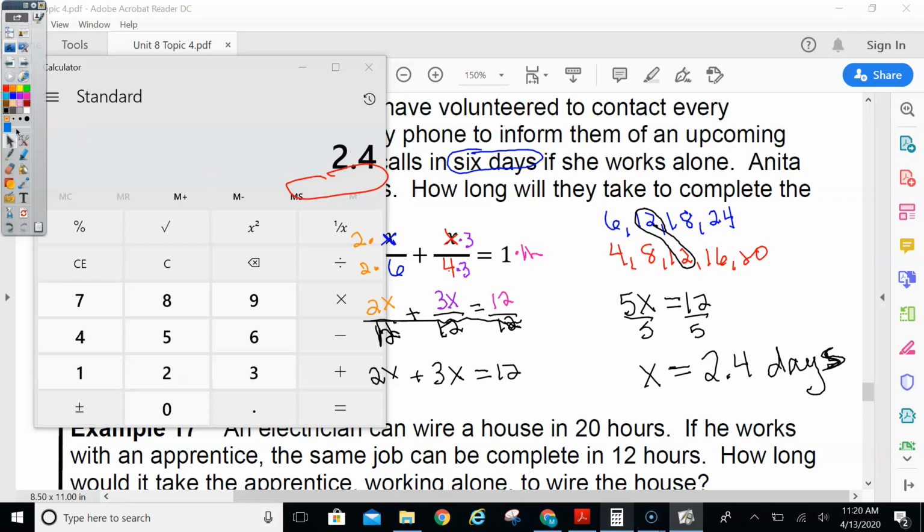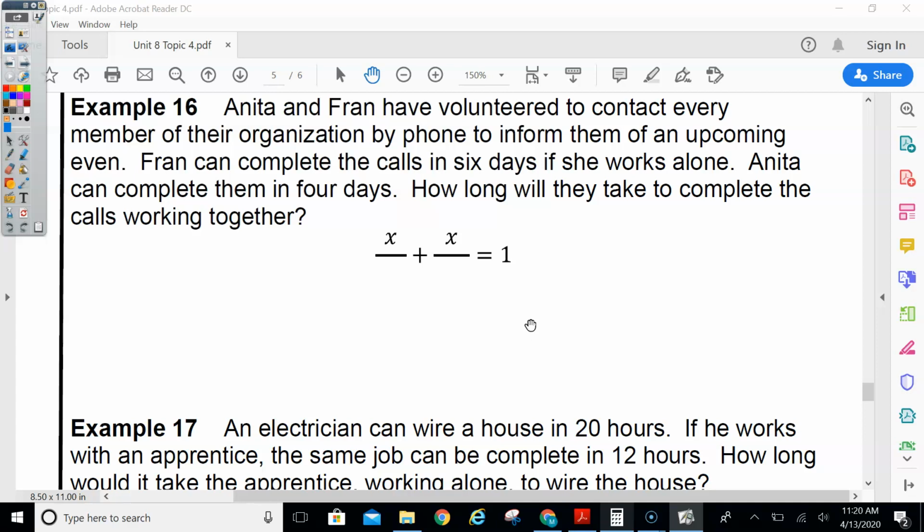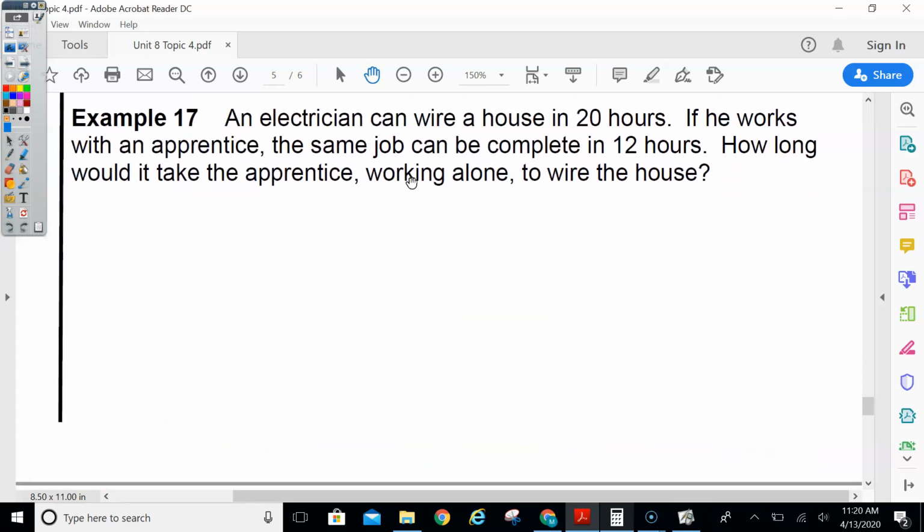Okay, so notice with all these examples, I want to know how long it takes them working together. This last one, I actually want to know how long it takes them working alone. So for this one, let's read through it. An electrician can wire a house in 20 hours.